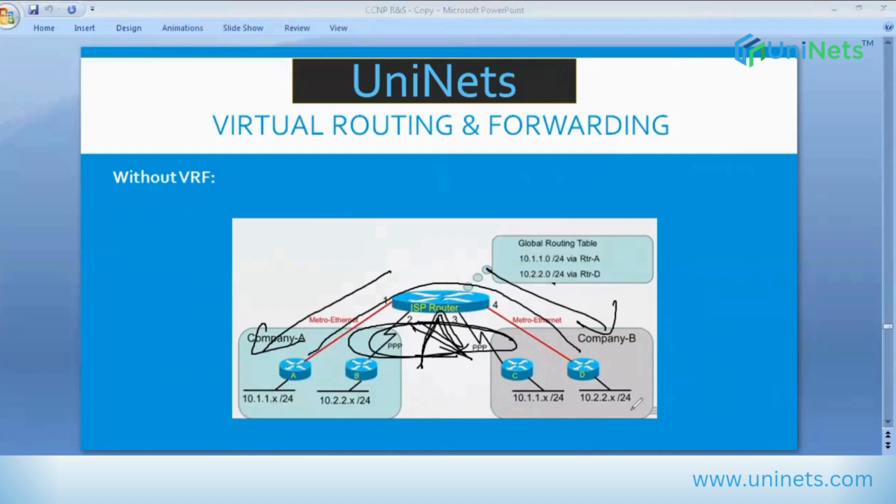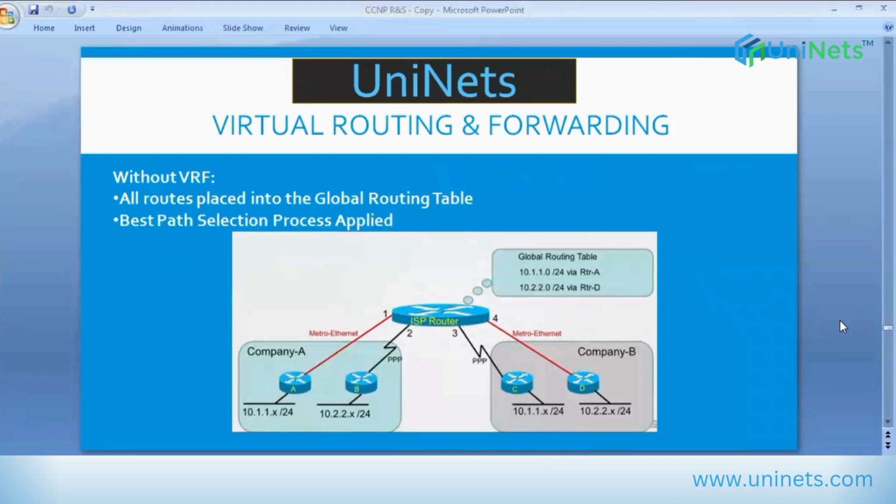And if we go for VRF, the best path selection is applied separately. Upon doing it, the best path for 10.1.1.0/24 is router A, and for 10.2.2.0/24 router D is the best.